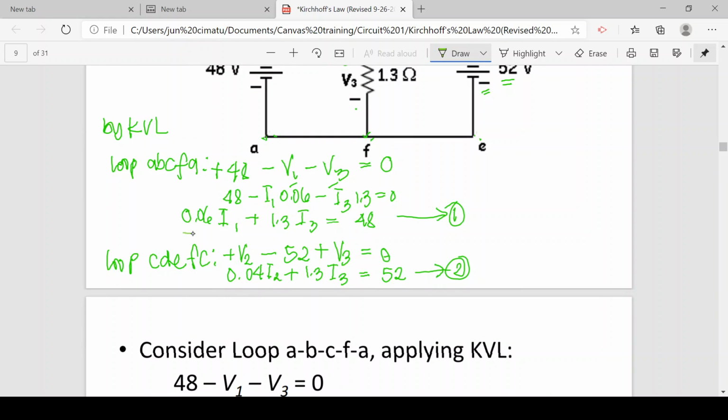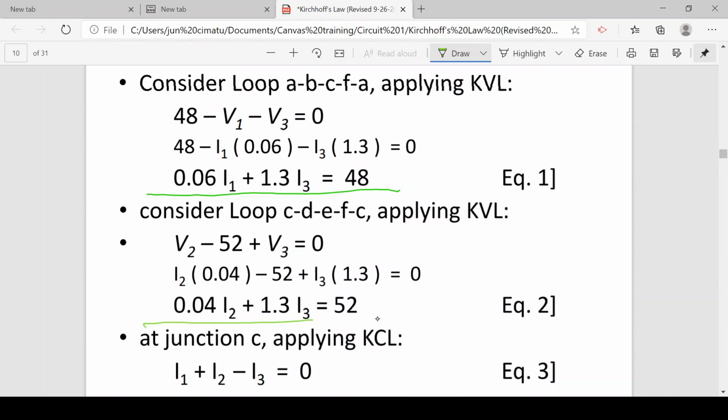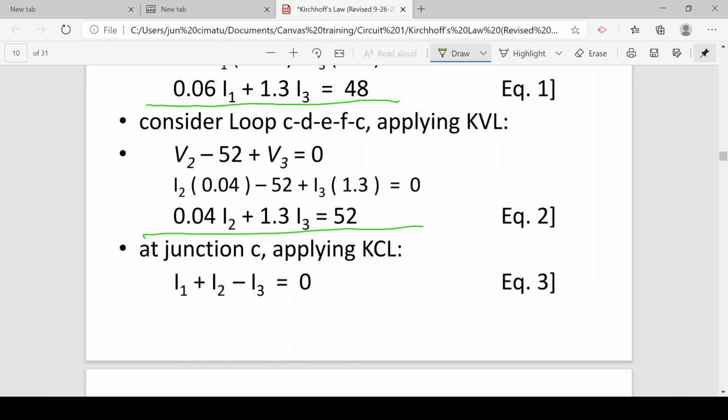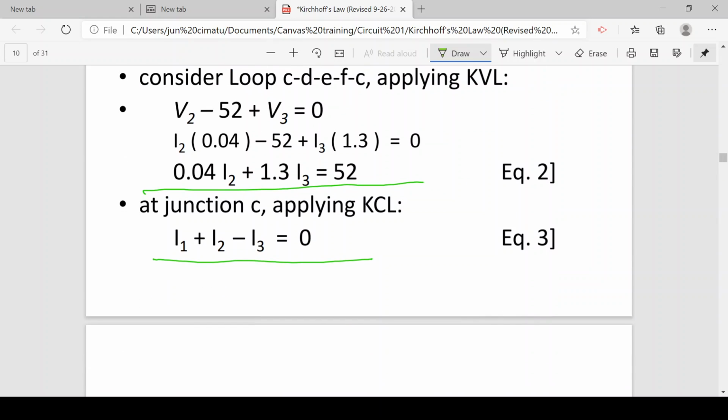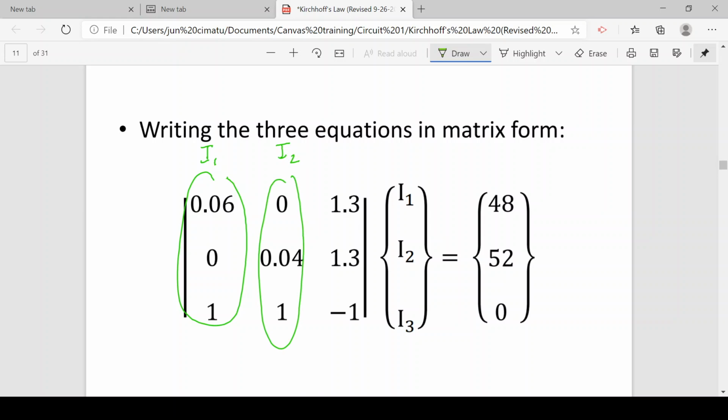And our equation 2. And our equation 3. Writing these three equations in matrix form. So these are the coefficients of I sub 1, coefficients of I sub 2, coefficients of I sub 3. These are the variables, and these are the constants. The sources 48 and 52 volts.